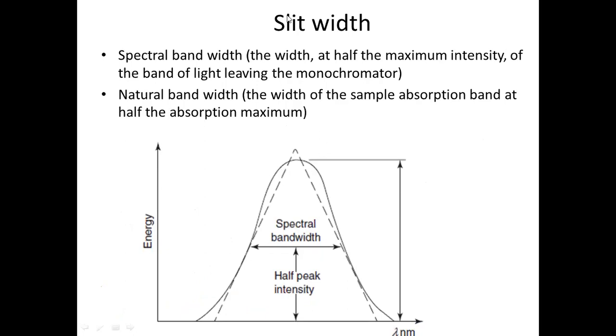Now, what kind of slit width has been selected? That also decides the linearity in Beer-Lambert's law. So if you have a source, and from this source the light is passed to the monochromator, and then it is allowed to fall onto the detector.